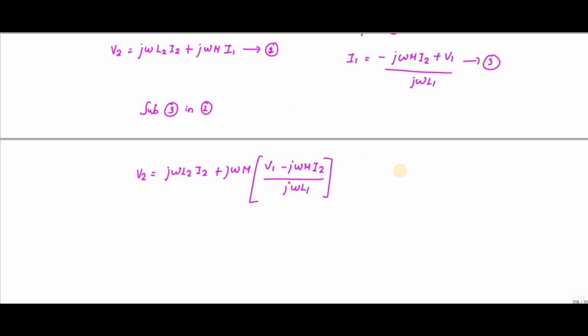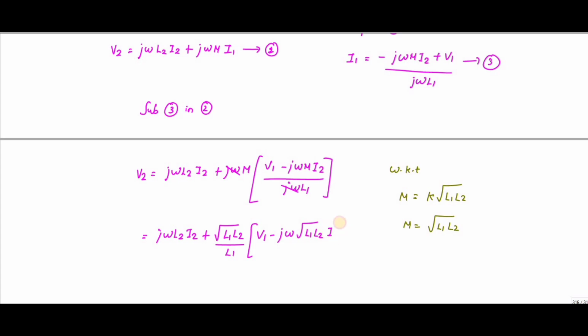We know that for perfect coupling M is equal to K into root of L1 L2. So K value is 1, and M is equal to root of L1 L2. So I can write root of L1 L2 instead of M, and you cancel these, you will get V1 minus j omega root of L1 L2 into I2.